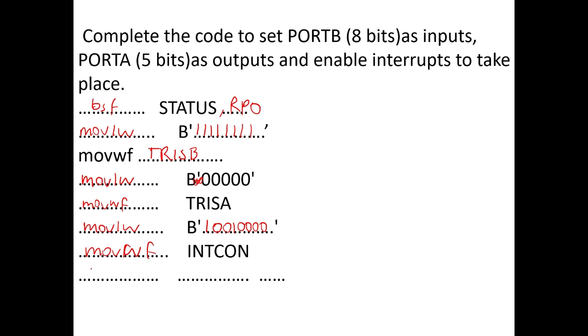And then obviously we need to make sure we bit clear file STATUS, because this takes us back to bank 0, which is where all your main program is, all your main instructions. So you've gone to bank 1, set up port B, set up port A, set up INTCON, back to that. Okay, maybe you might want to try that yourself now. So you could obviously reverse this back and see if you can get that one correct yourself.